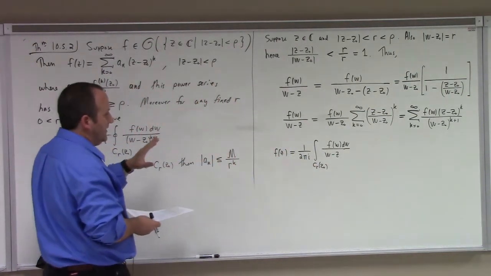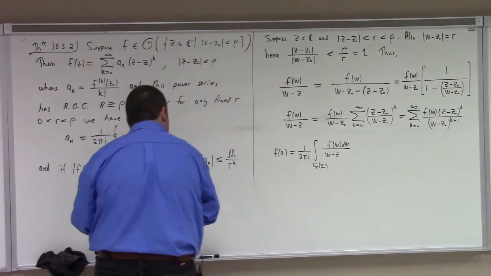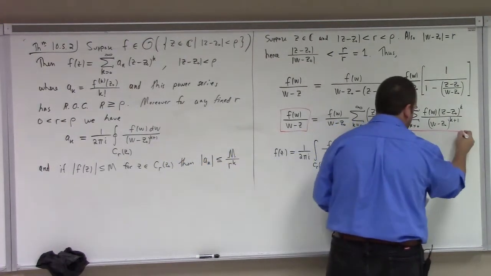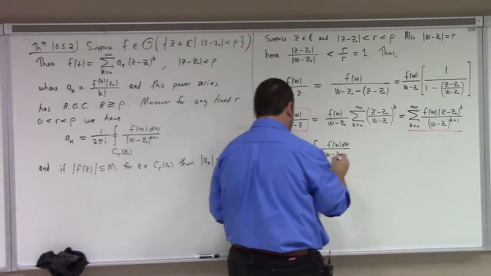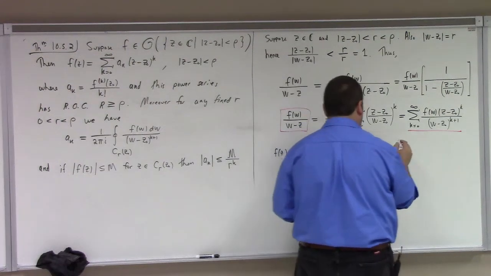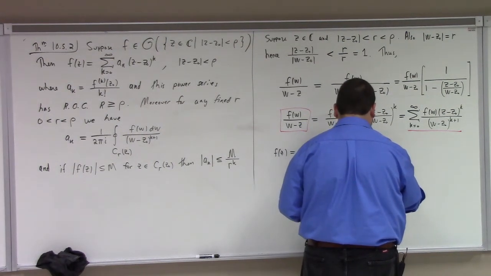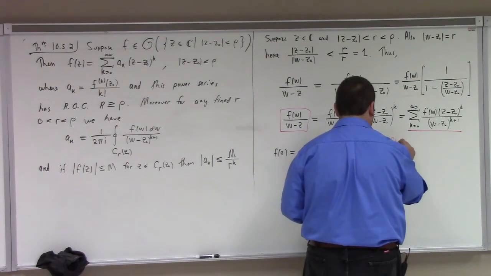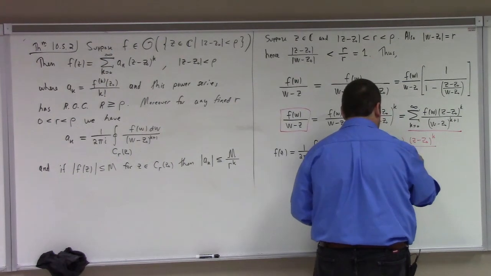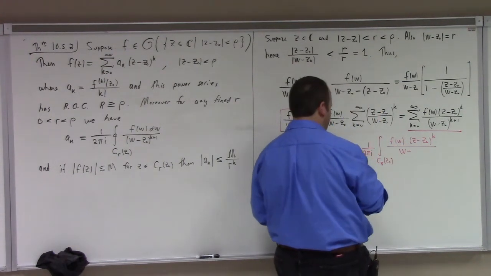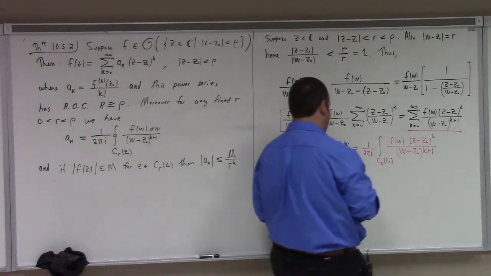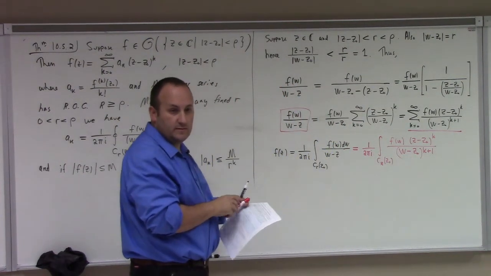And then we trade this right here, right? Trade this for that, right? And then what do we have? What can we do then?